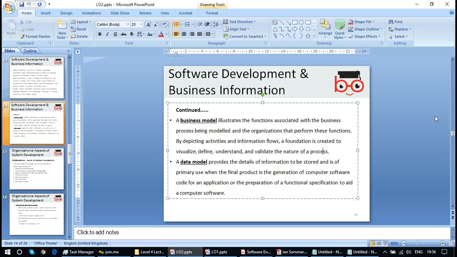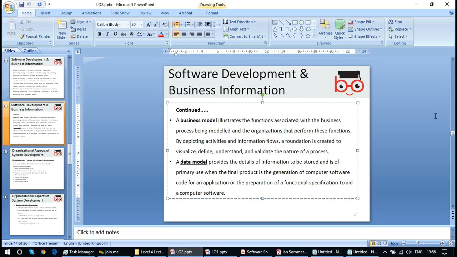Make sense? And the data model provides the details of the information to be stored and is of primary use when the final product is the generation of the computer software code for an application, or the preparation of a functional specification to aid the computer software. So, the data model is basically the details of the information.